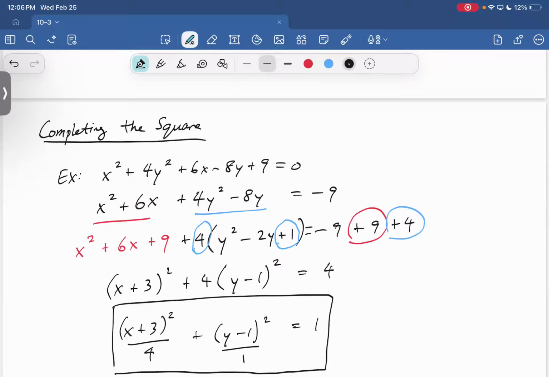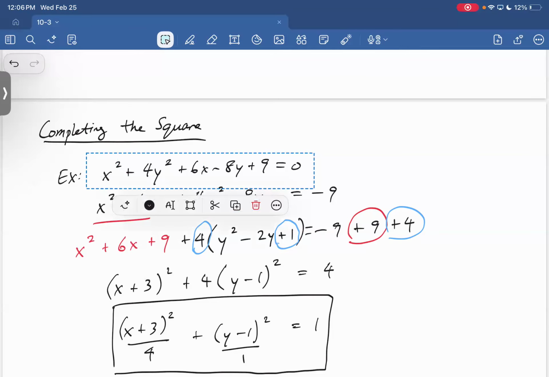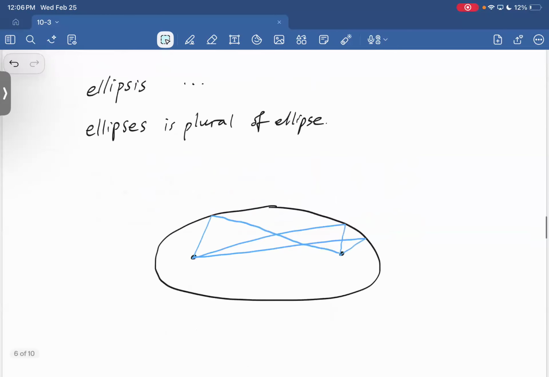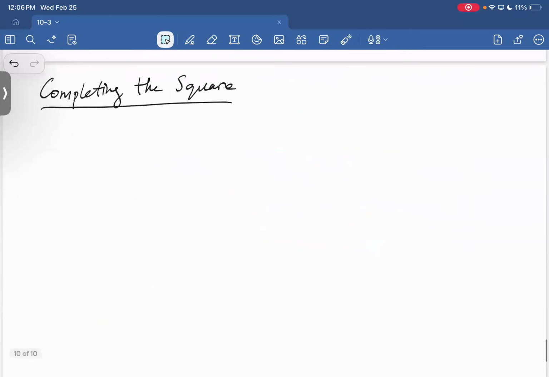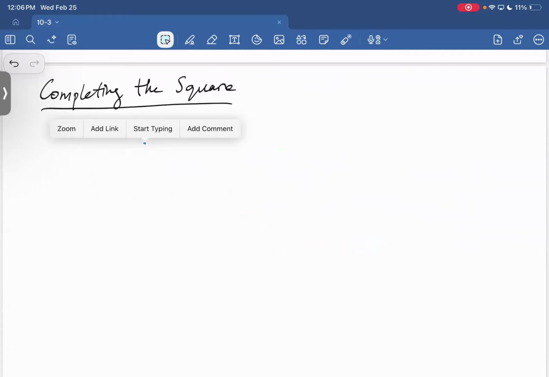How do I copy this? Copy. What? That would.